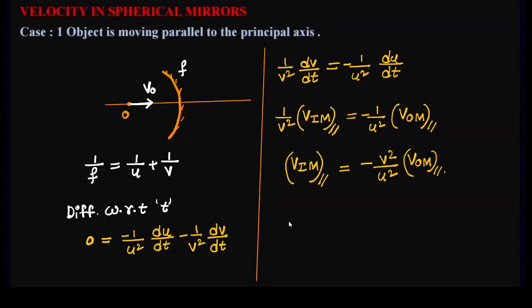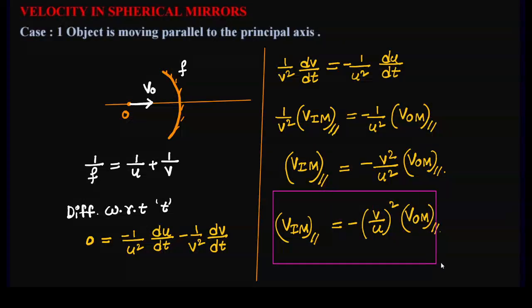So this is the velocity of image with respect to mirror in parallel, which is equal to minus of v by u whole square into velocity of object with respect to mirror in parallel. So this is the velocity of image with respect to mirror in parallel direction.